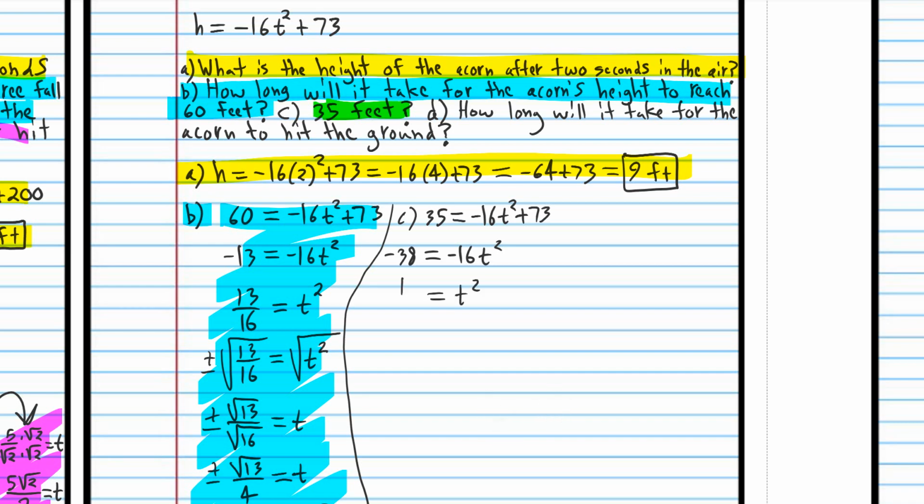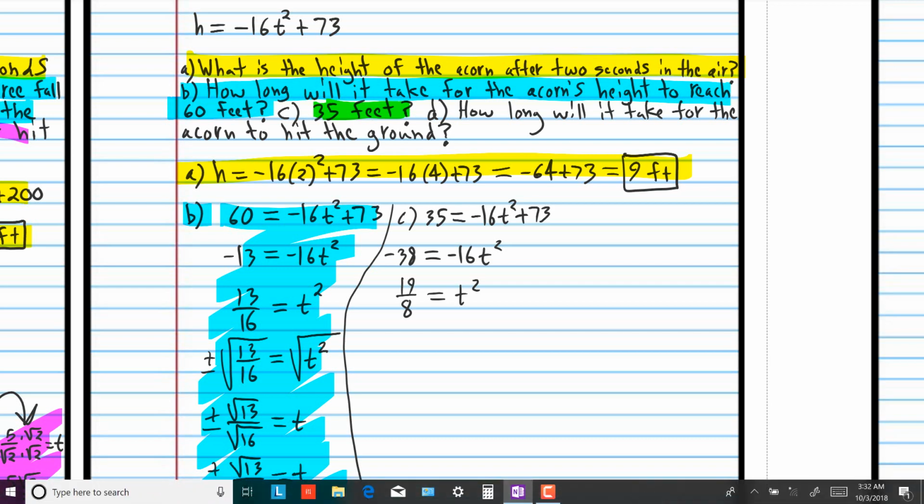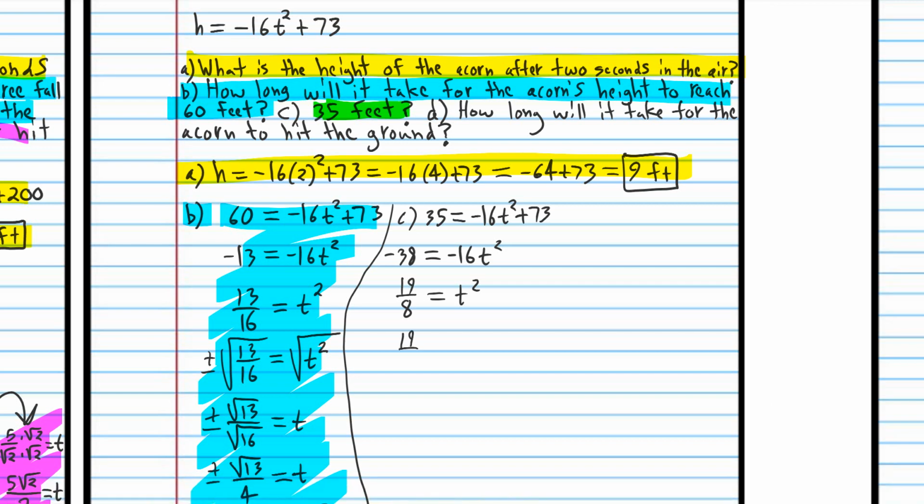And that would be 19 over 8, I believe. And square root both sides. And t is equal to square root 19 over square root 8.